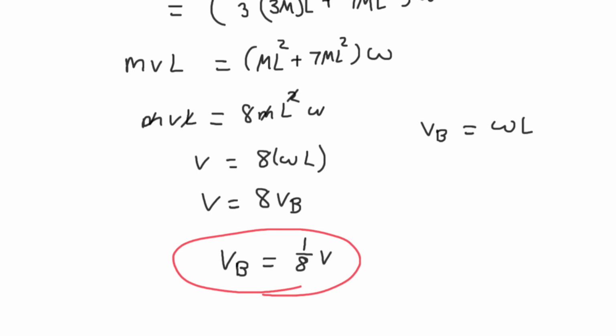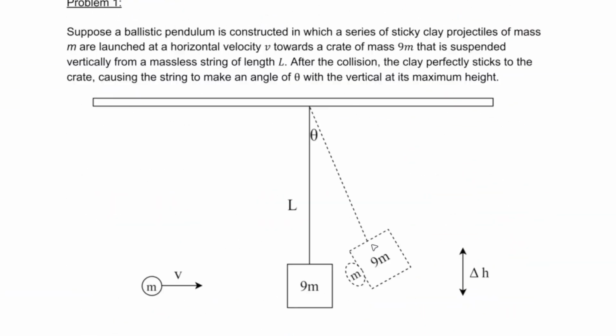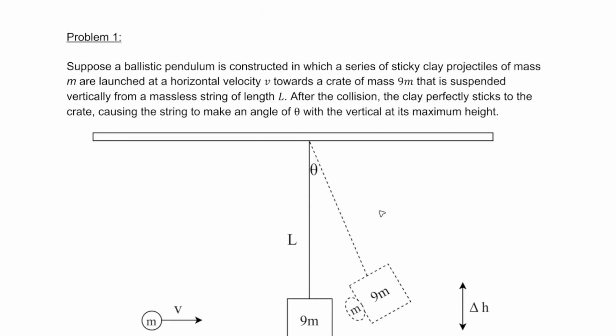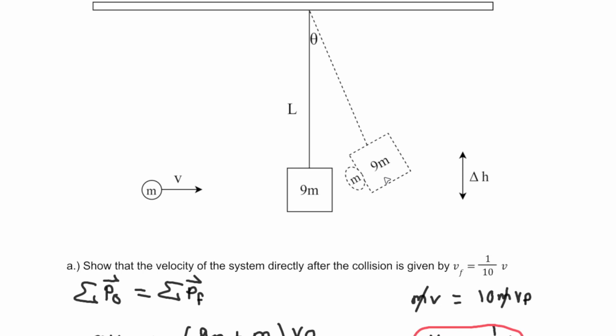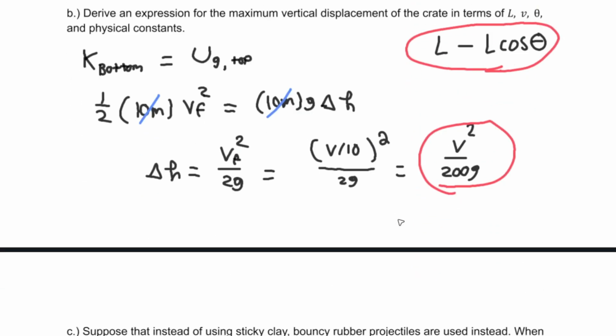So again, I like this problem because it allows us to use all our different conservation laws in different contexts. To start, we had to use conservation of linear momentum because it was just a collision. But after that collision ends, we're able to use conservation of energy because there's no more energy loss.